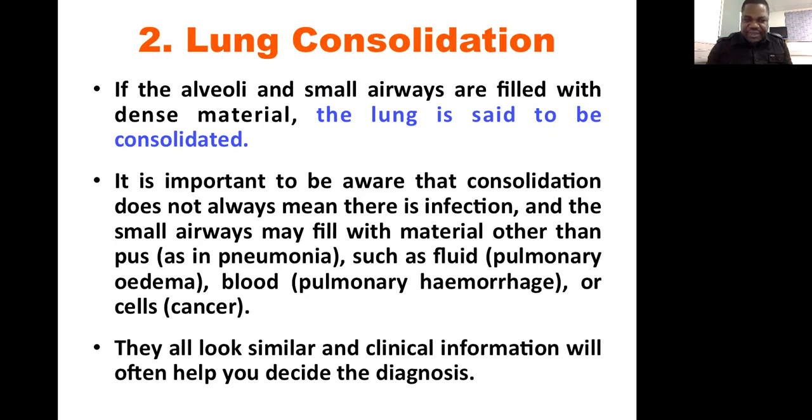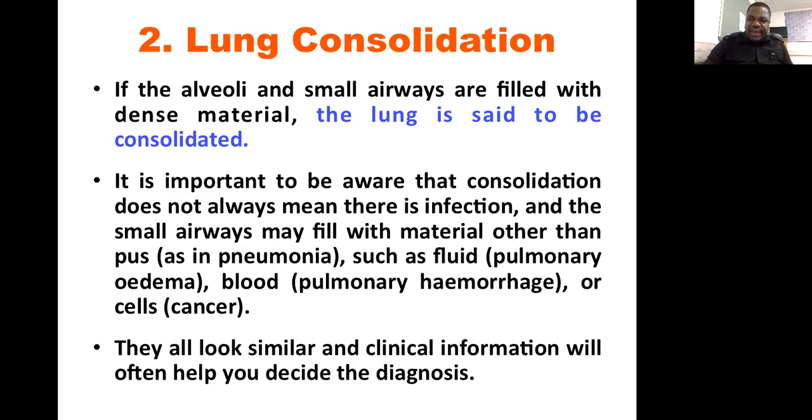That can be fluid, like in the case of pulmonary edema, it can be pus in case of pneumonia, it can be blood in case of pulmonary hemorrhage, or it can be cells in case of cancer. Now here we are talking about infection, so it can be fluid as a result of inflammatory response or pus, that we can see in these patients.